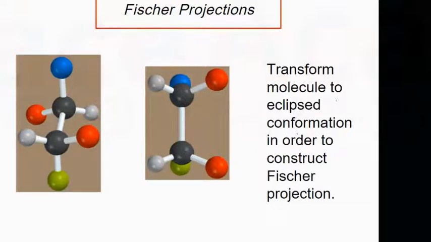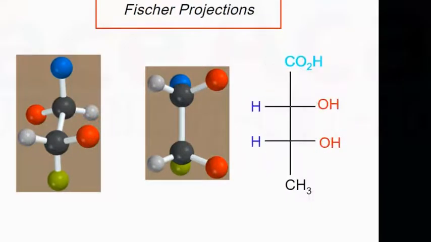Transform the molecule to an eclipsed conformation in order to construct a Fischer projection. This is the thing. Oxygen is the red color, OH. Hydrogens are in another color.